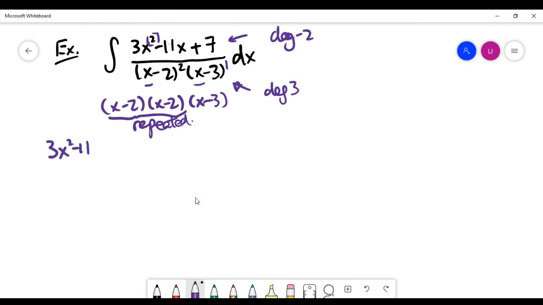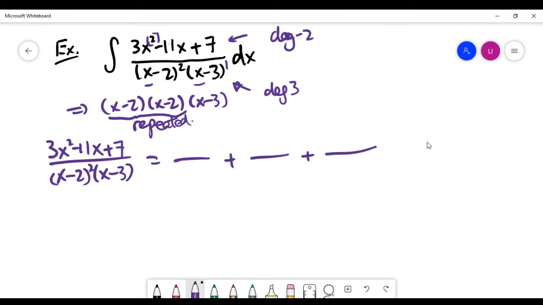So let me write down what you have inside the rational fraction. By the partial fraction method, because now you have 3 factors, we understand that there should be 3 smaller fractions on the right-hand side. It really depends on the factors that you have.